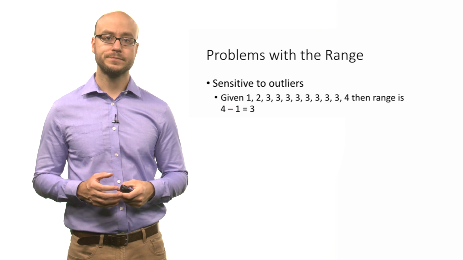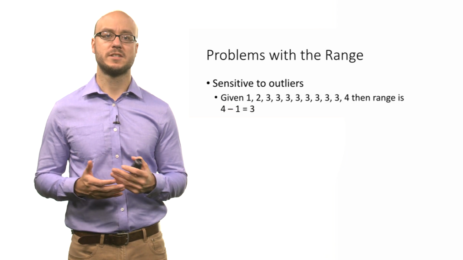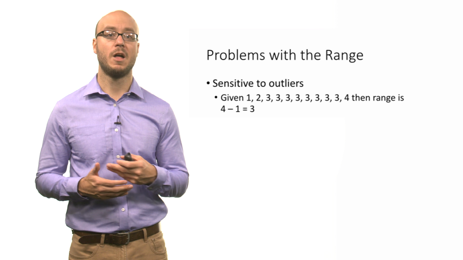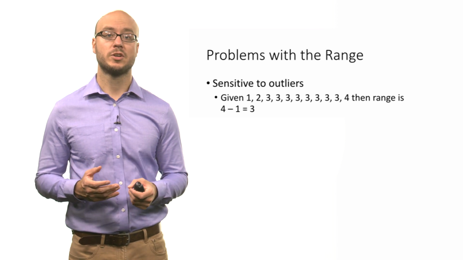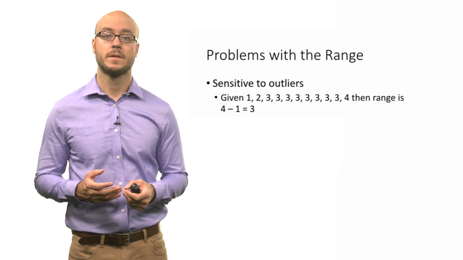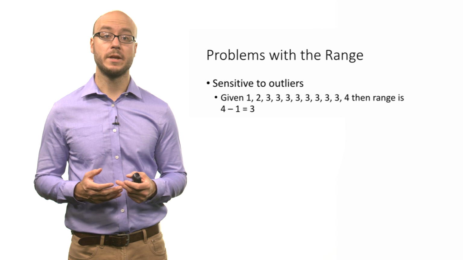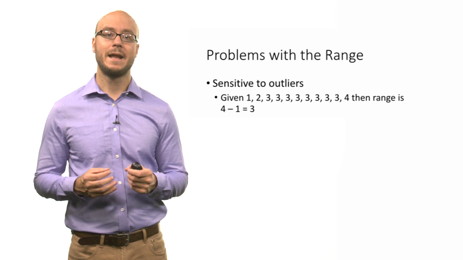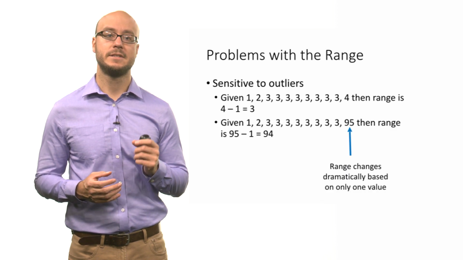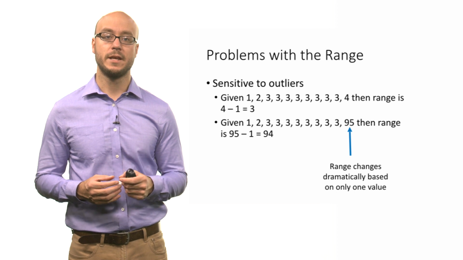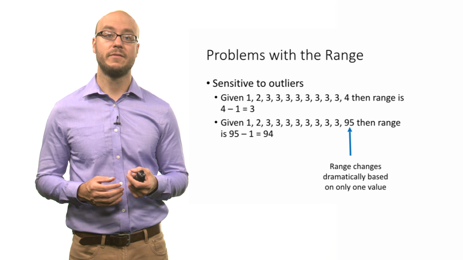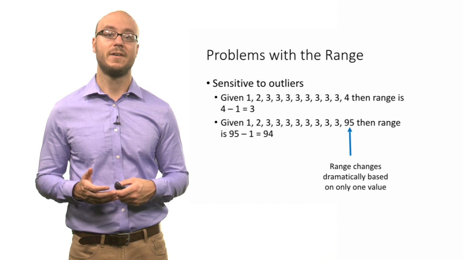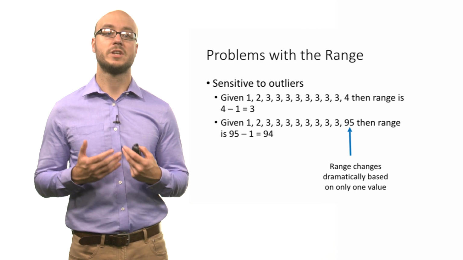So for example, in the first case, when you have a set of observations of 1, 2, and lots of 3s, the range is simply going to be 3, all right? But what happens if you change that last data point from a 3 into 95? Well, the range is going to be 95 minus 1, which is 94.